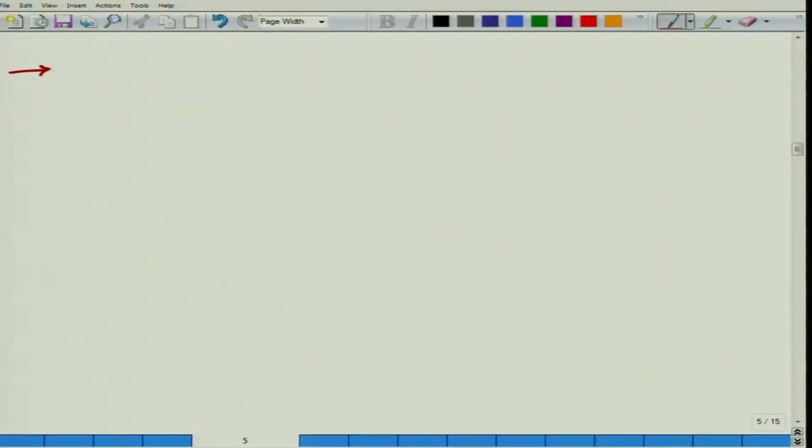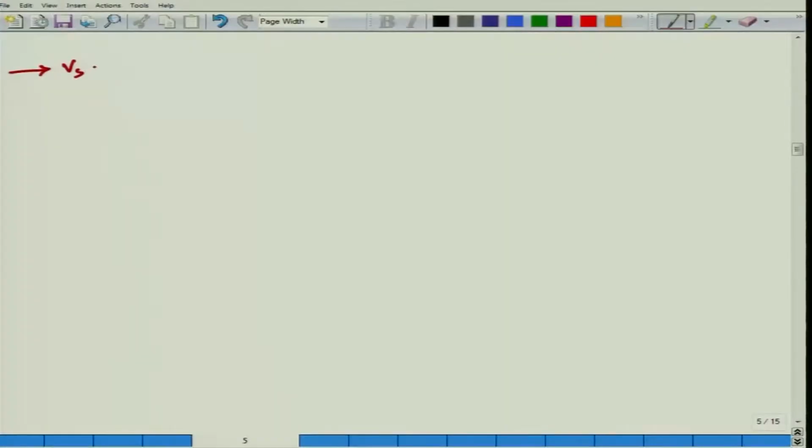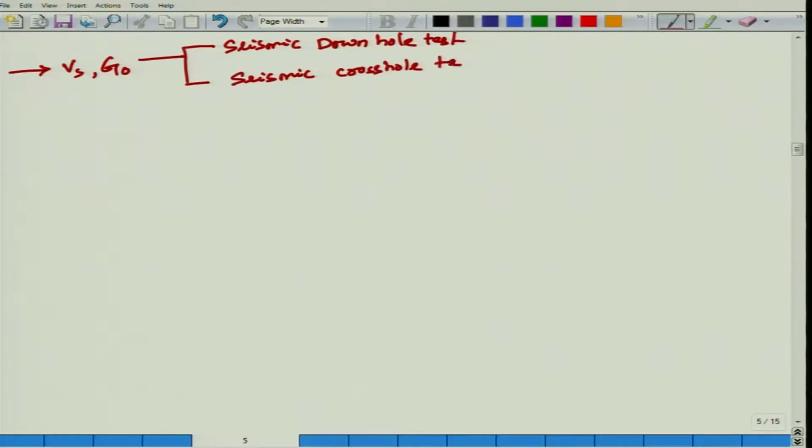Then dynamic properties, shear velocity Vs, low strain shear modulus G0, seismic downhole test, seismic cross hole test.